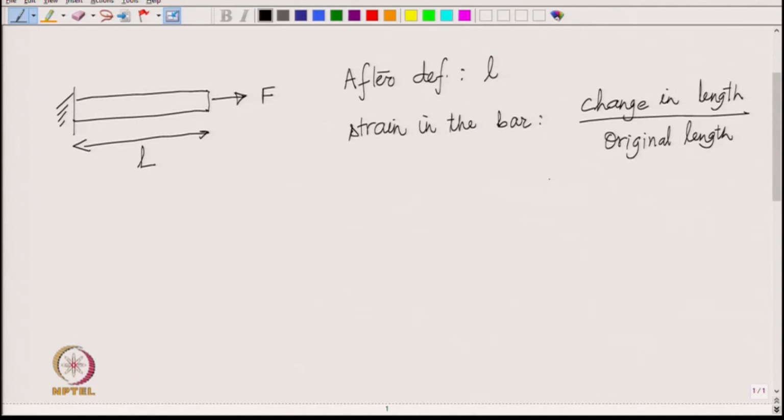So, for this particular example, this becomes small l minus big L divided by L, which you could also write as delta L divided by L.